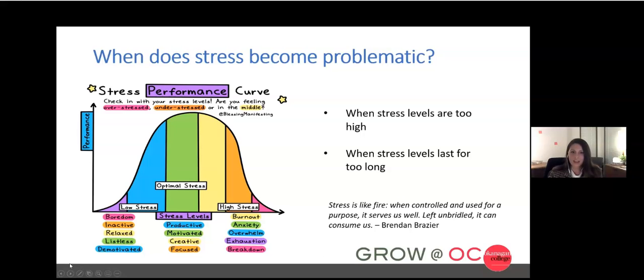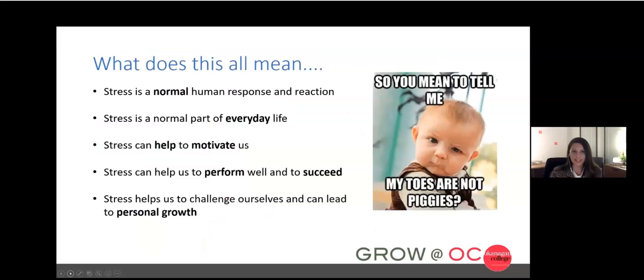Stress is like fire. When controlled and used for a purpose, it serves us well. Left unbridled, it can consume us. I don't know about you all, but I can definitely relate to the feeling where my stress is just all consuming and it's not feeling productive and helpful anymore. And we're going to talk about that in a little bit. So if we can move to the next slide, please, and thank you.